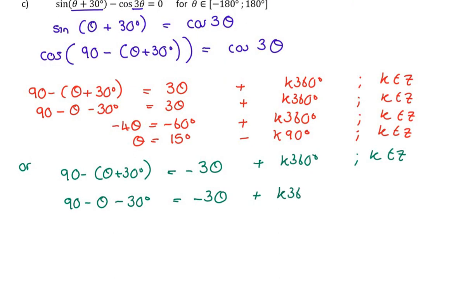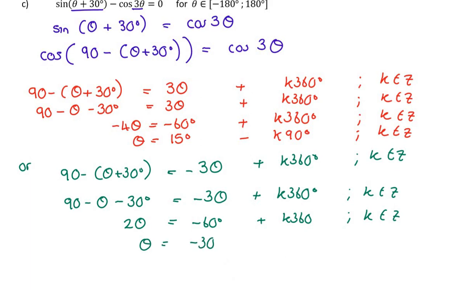So I'm going to add 3 theta to both sides. So I'm actually going to get 2 theta equals negative 60, and then I'll divide by 2. And so I get theta equals negative 30 plus, and this is now k, 180 degrees.